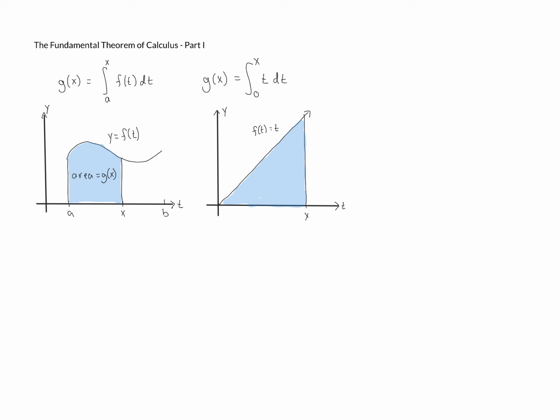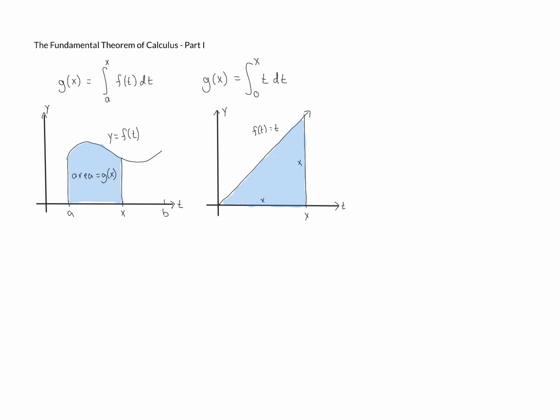Okay. And so we don't necessarily know how to take this integral, but we certainly know how to calculate the area of a triangle. This triangle has base equal to x, and the height is also equal to x. Because remember, the height was our function f of t equals t, and if the input is x, that means the output is x.